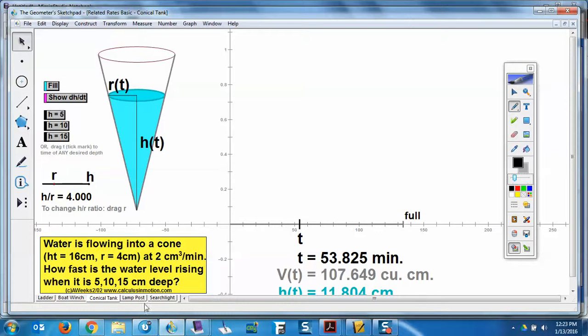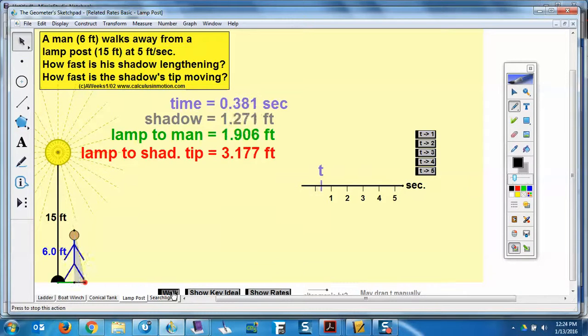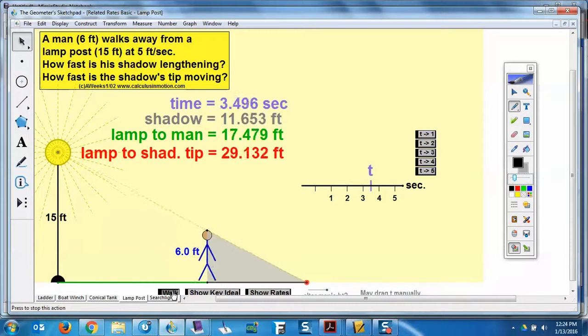I've got a kind of a picture of this. It is kind of a fun one to look at. But anyway, it's this problem right here with the lamppost, the man, the shadow in black. The green would be how far he is from the lamppost. And we put this in motion, kind of like that.